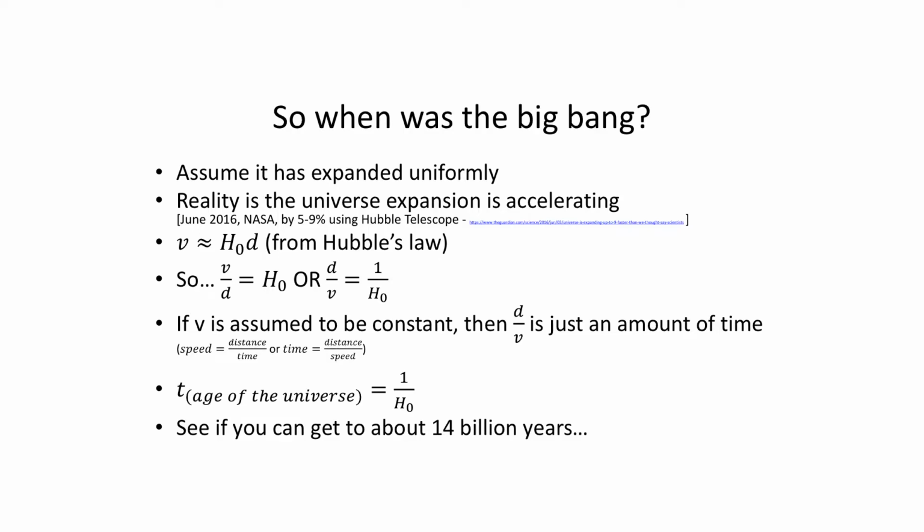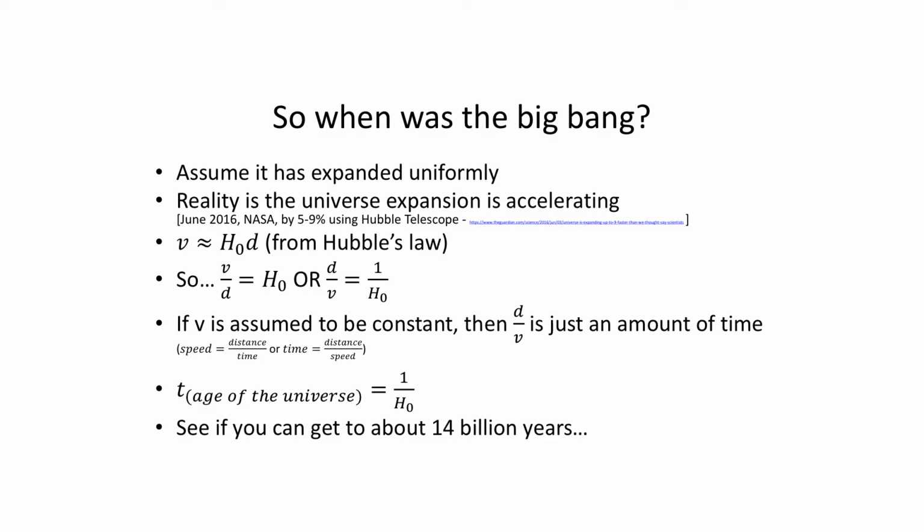So then by rearranging, so v over d equals H naught, or d over v equals 1 over H naught, so I'll just flip that round and put a 1 over H naught. If we do some maths, what we can see is the age of the universe is equal to the inverse of H naught. So once you've found out what H naught is in seconds to the minus 1, you can then get an answer of about 14 billion years. Now, whilst this is very much an approximation, there's quite a large error, plus or minus, with that.